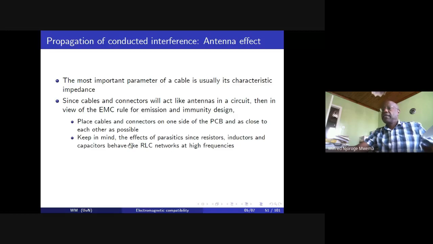We keep in mind the effects of parasitics, such as resistances, inductances, and capacitances, which will behave like RLC networks at high frequencies. That is, the effect of parasitics. We have that the resistors will have, of course, the conductive part, which gives you the resistance.